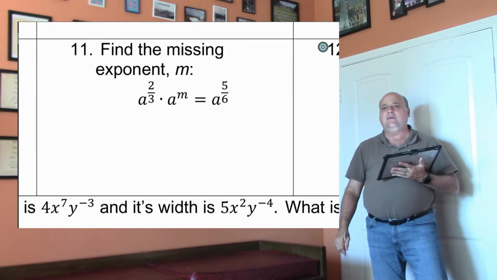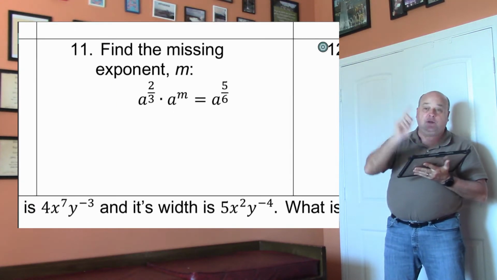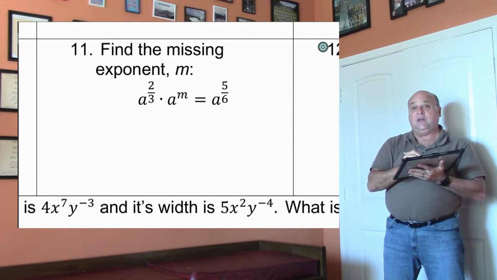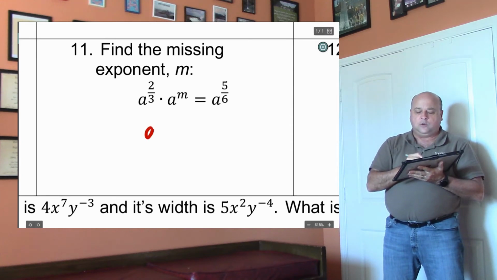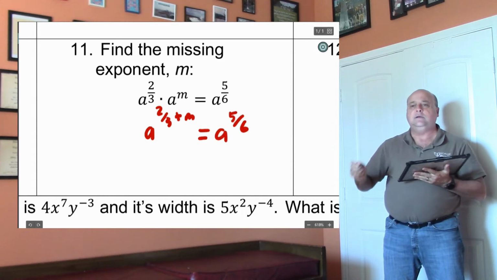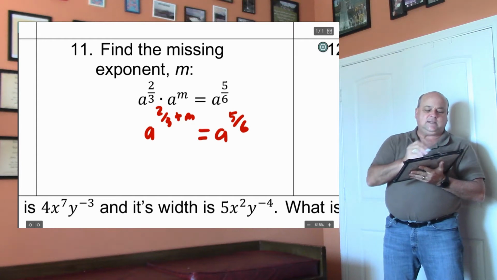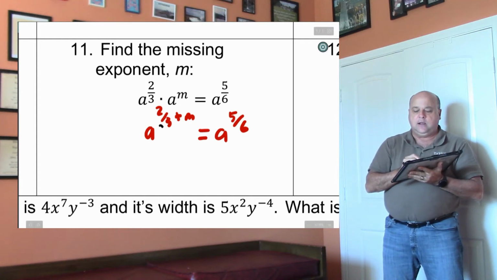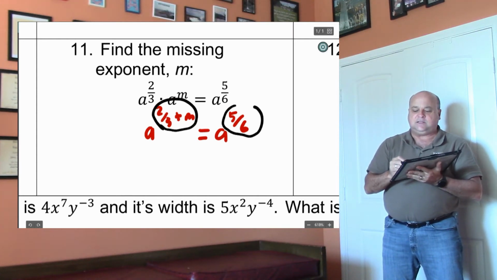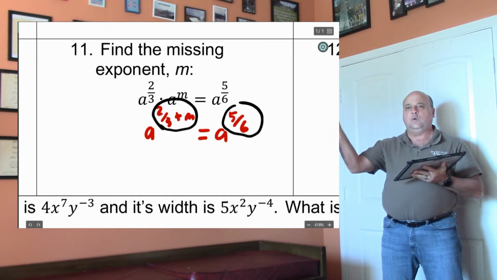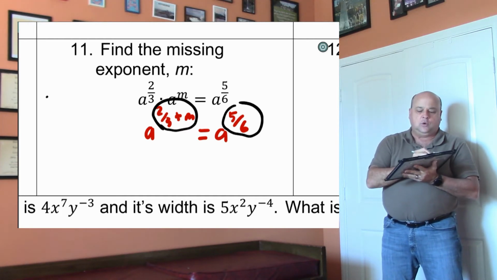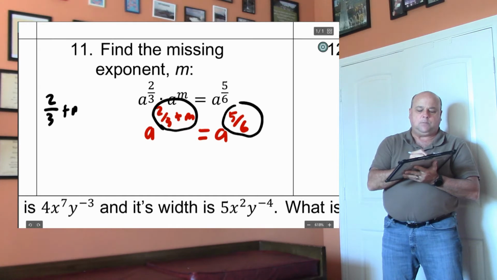Let's go to number 11. We're going to do the first step here because we have a letter in here. This isn't hard. We're going to write down a to the 2/3 plus m equals a to the 5/6. Look at what has to equal. These two are a's, but this has to be the same as this. So that's where my equation comes from. So I write down 2/3 plus m equals 5/6.